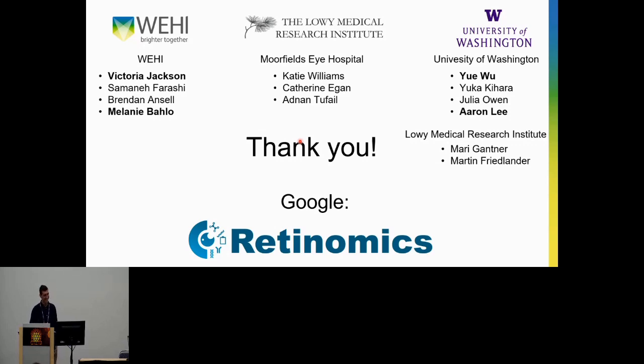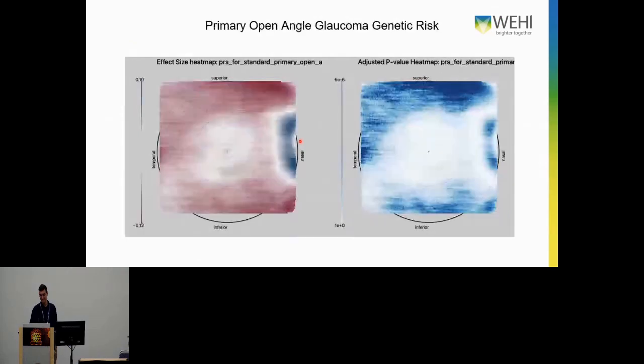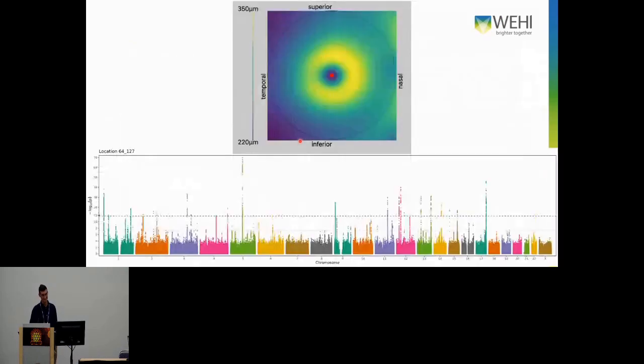Because for me, it's a little hard to interpret how one pixel could be associated to one SNP. In contrast, with traditional GWAS, when you associate one SNP to a phenotype, there's an underlying biological mechanism that can lead to that, but just one pixel is a little hard. Do you have any interpretation for that?